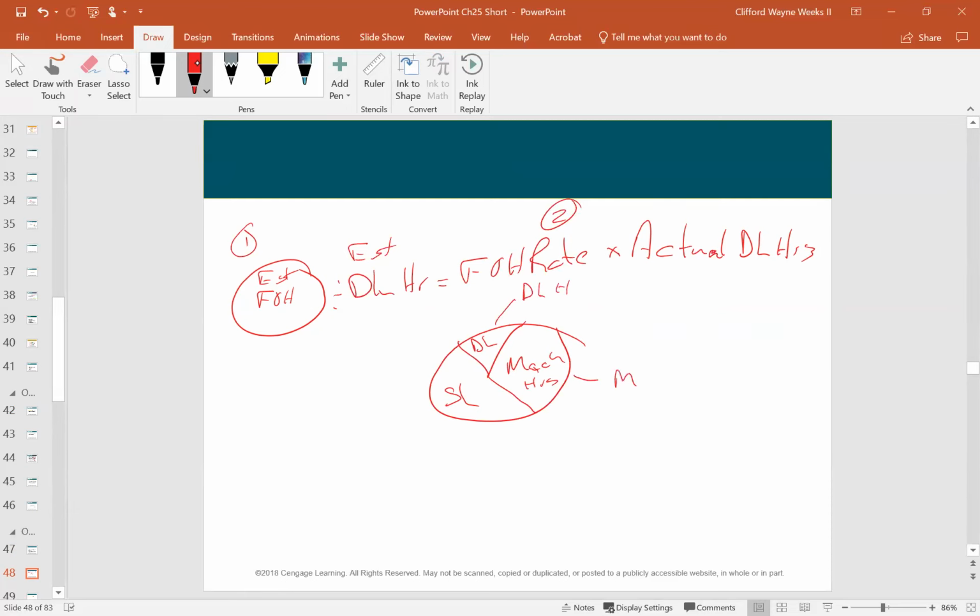This one is going to be machine hours as our cost driver. And then this one has no cost driver. This was the fixed cost, and fixed is fixed, so that's just going to come out at a flat rate. This is activity-based costing.